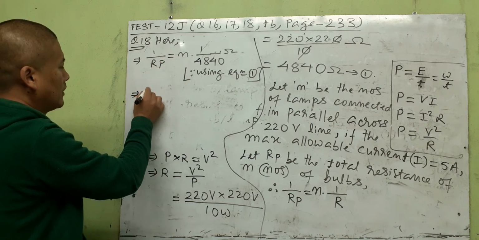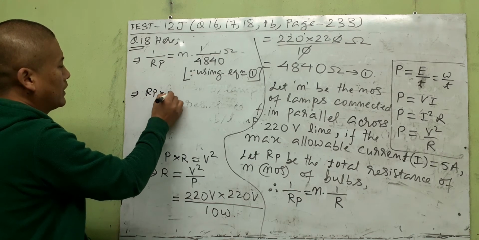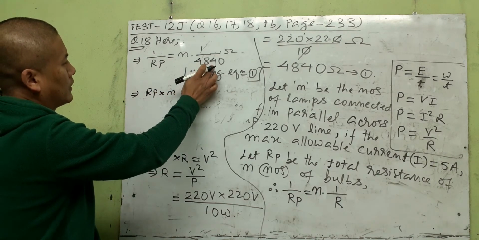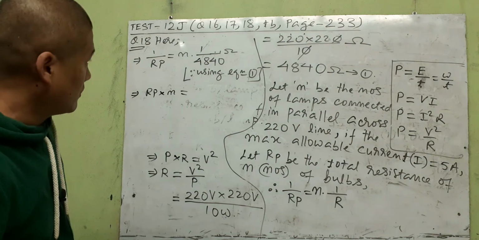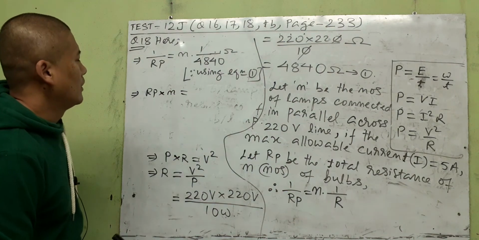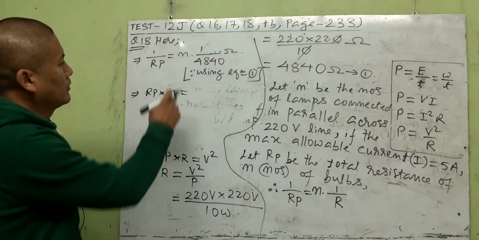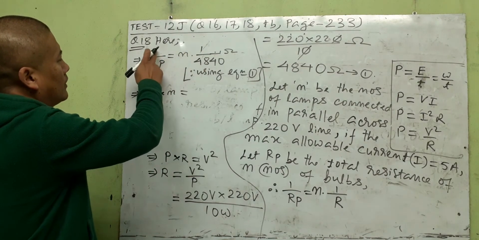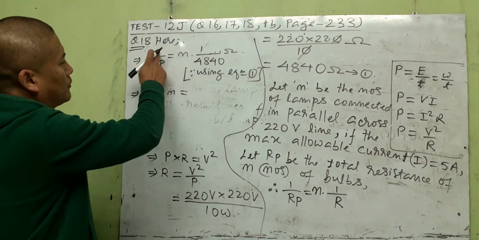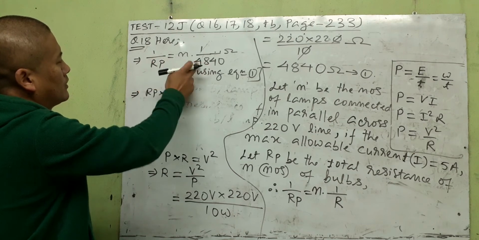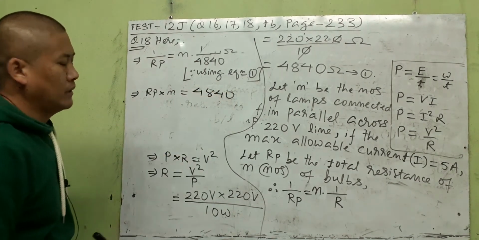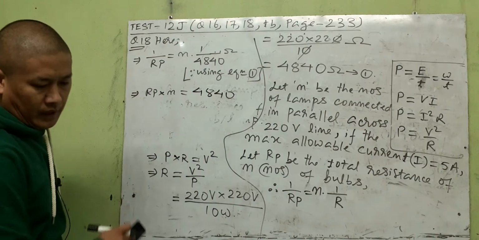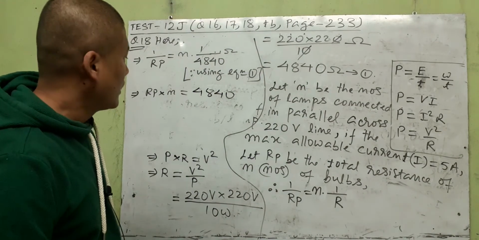Okay, so up and down multiply, then 4840. So we can just bring this one into this, then this you shift here, 1 into this is here 4840, right? So Rp into n, okay, 4840.